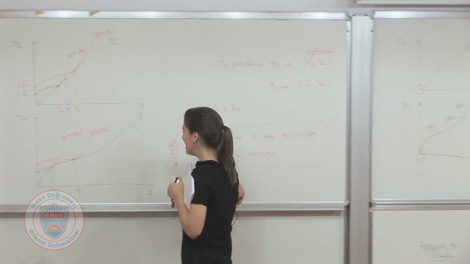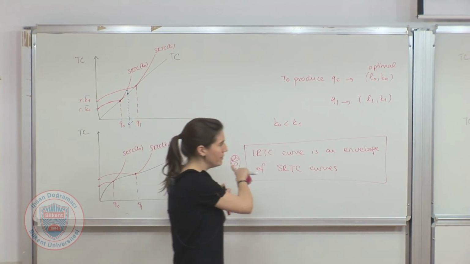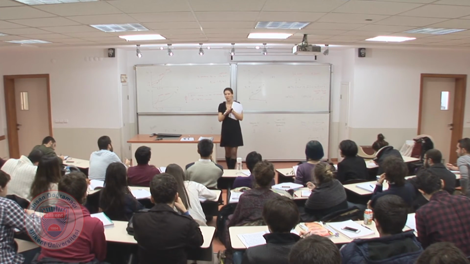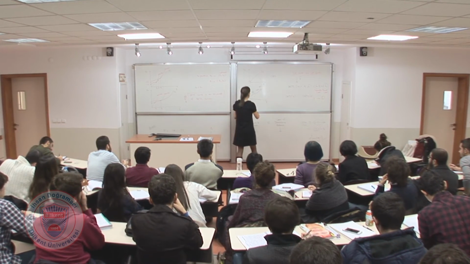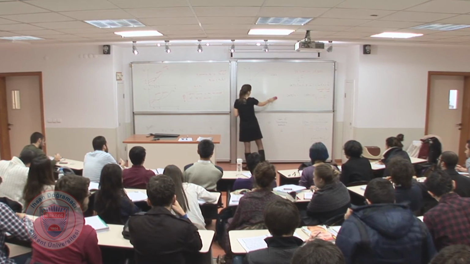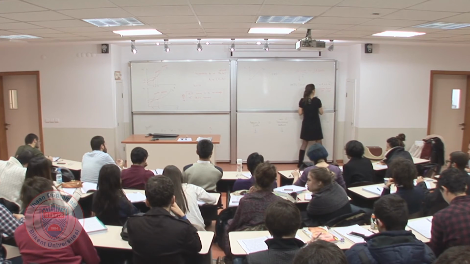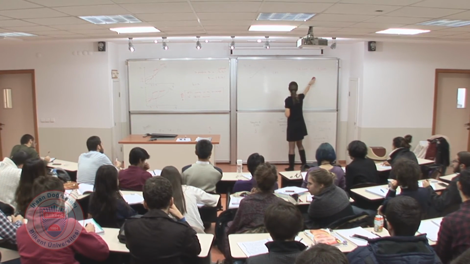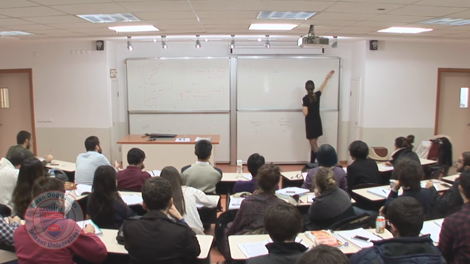But now let's try to have the same stuff for the average and marginal cost curves, okay? So this is going to be a little bit of an ugly graph, but hopefully it won't be. But it's going to show us an important phenomenon. So we'll see.